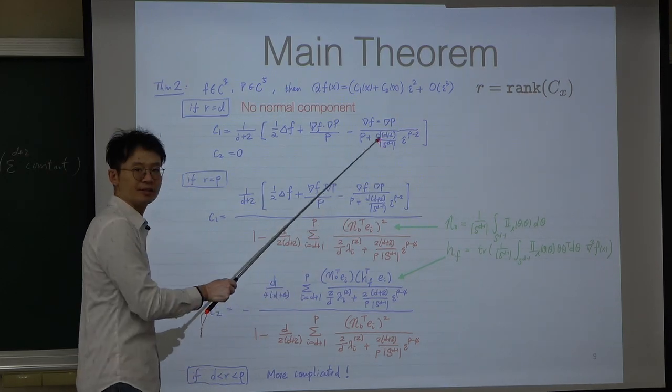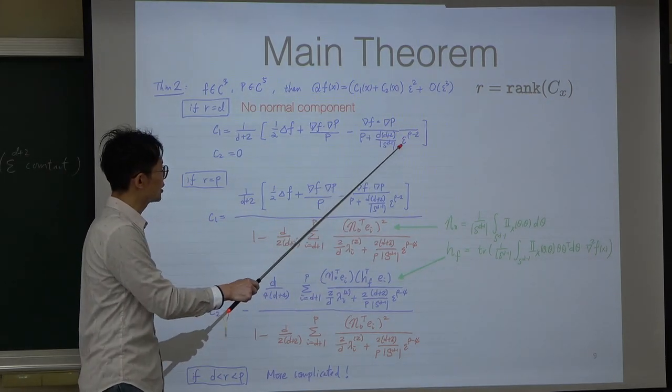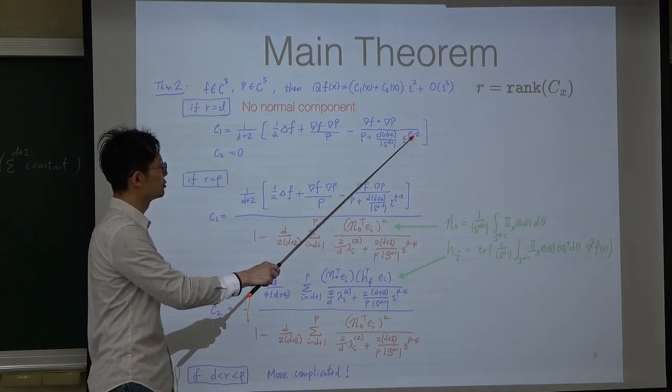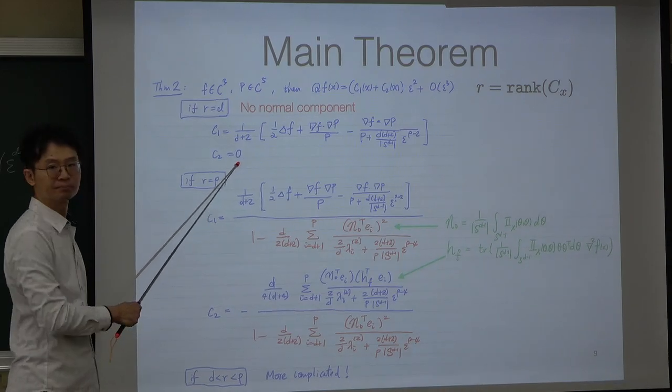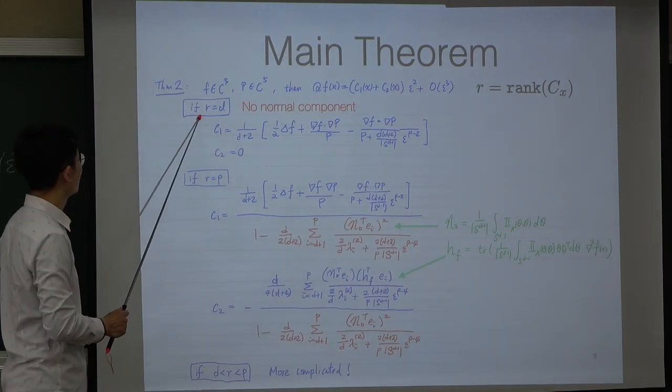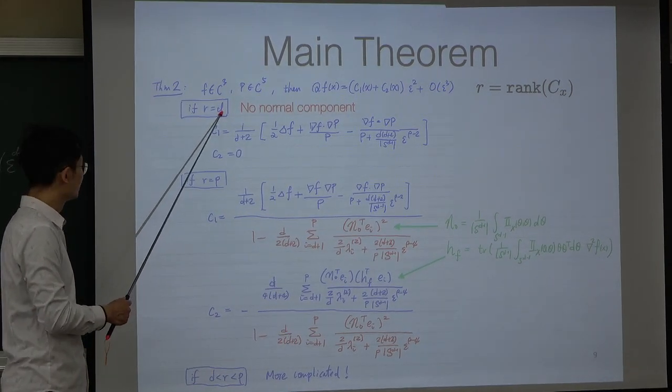And here is the interesting thing. You see the correction is epsilon raised to power rho minus 2. Okay, but C2 is 0. That is when R is D, the rank is D.